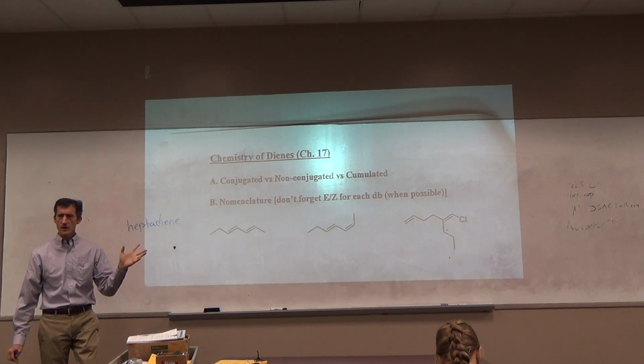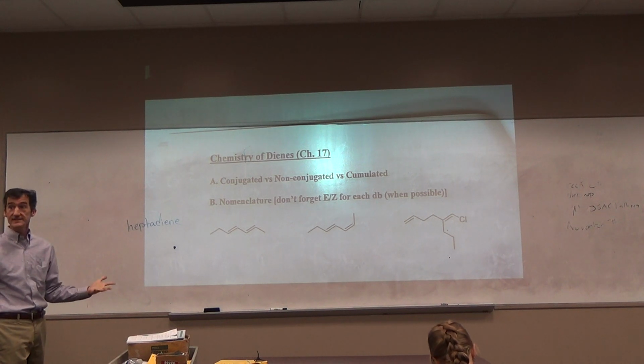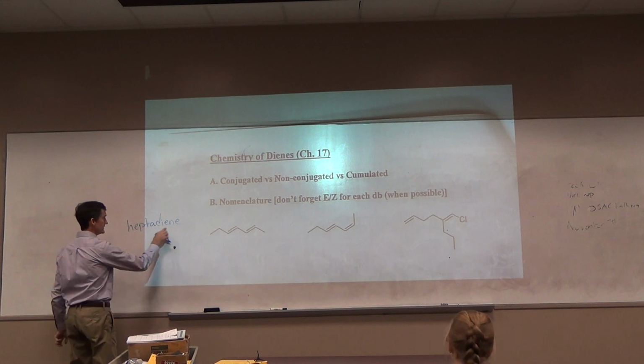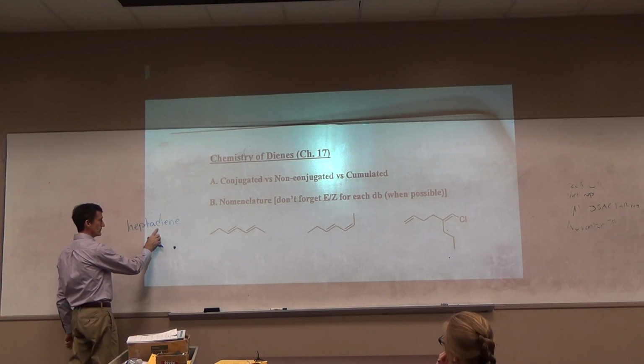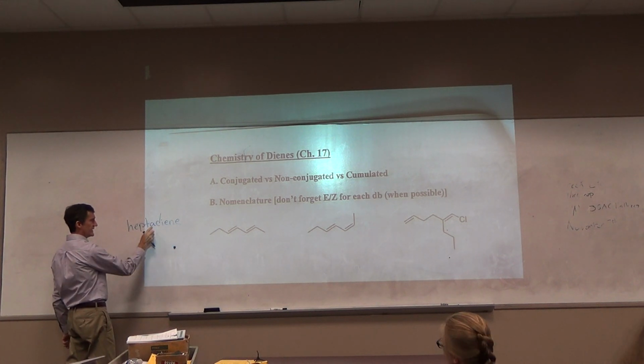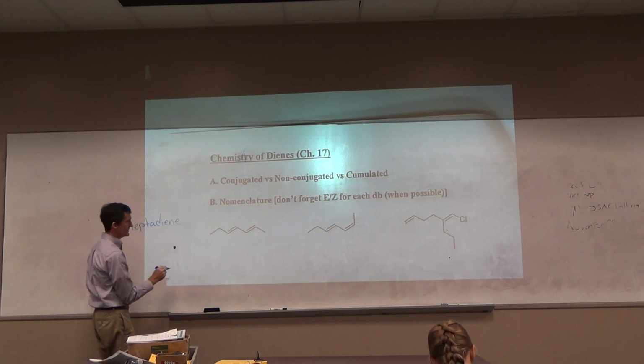If it was 4 carbons, it would be butadiene. 8 carbons, octadiene. Okay? So that's how we do this. If it was just one alkene, it would be heptene. So it's got the a-d-i added in here, keeping the a. All right. So heptadiene.